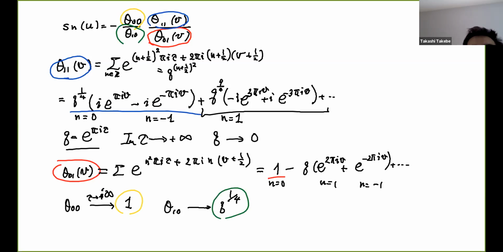So as a consequence, it is minus here and 1 over 4 over 4.